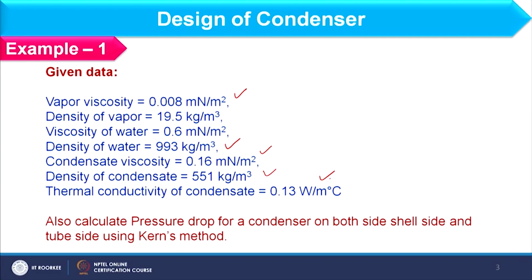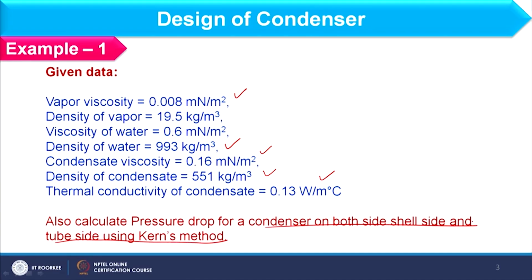Okay. So, as far as design is concerned, you have to find out the heat transfer coefficient in this condenser, and along with that you have to find out the pressure drop in shell side as well as in tube side, and for that you should consider Kern's method, right, as it is shown over here. Okay.